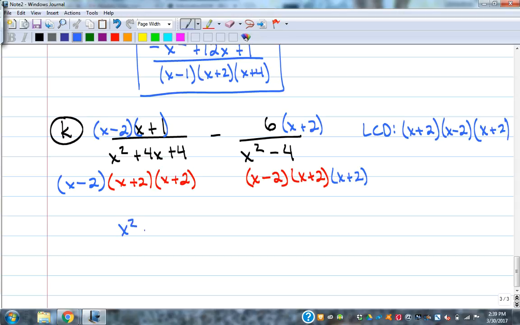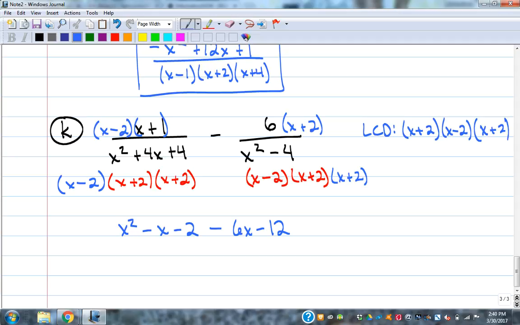That's x squared minus x minus 2 minus 6x minus 12. And on that one, how did I get minus 6x and minus 12 for this part up here? I multiplied 6 times 2, but not just 6, but what?